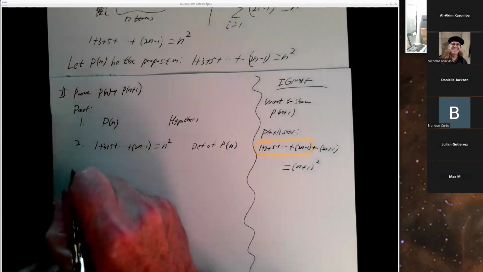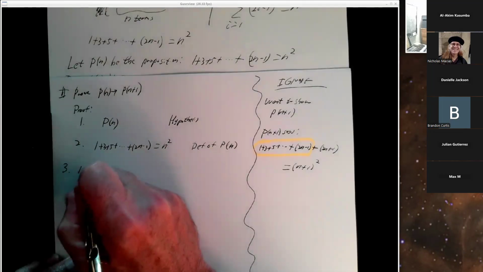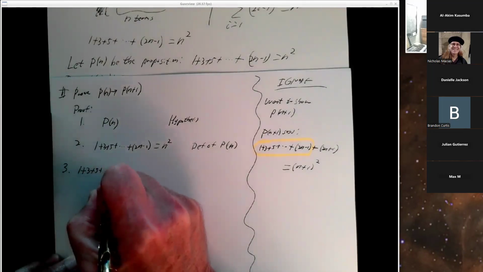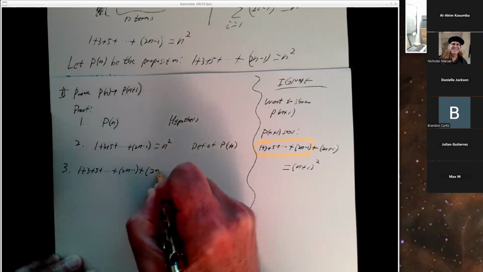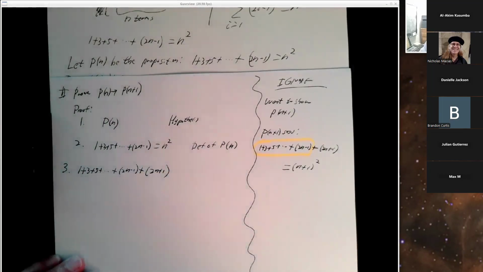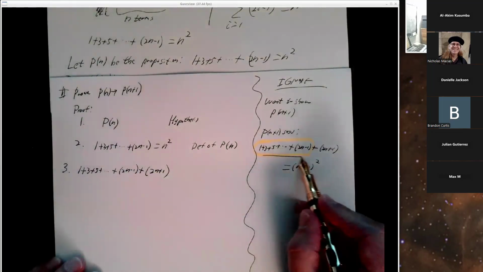So that gives me an idea. Let's just add 2n plus 1 to the left side. And if I do that, my left side's going to look exactly like this.